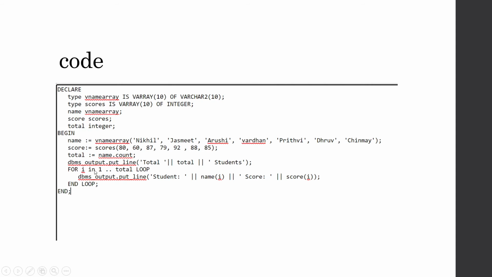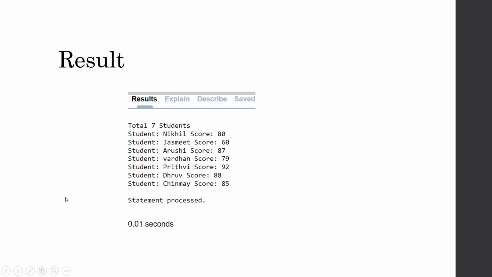The loop will iterate 7 times, that is from 1 to total. End of the loop and end of this program. Results. As this got executed successfully, we can see names and our respective scores.